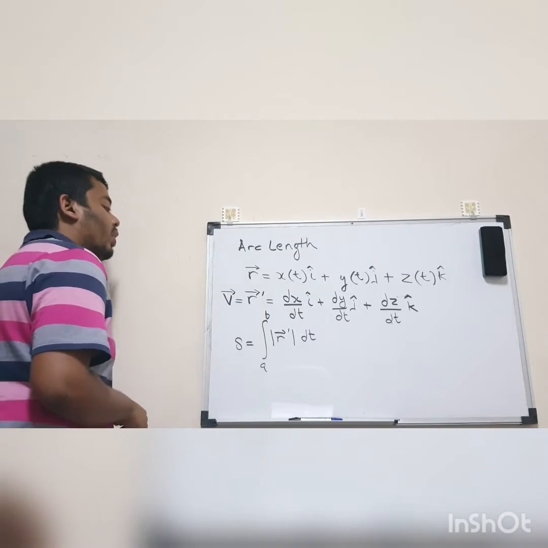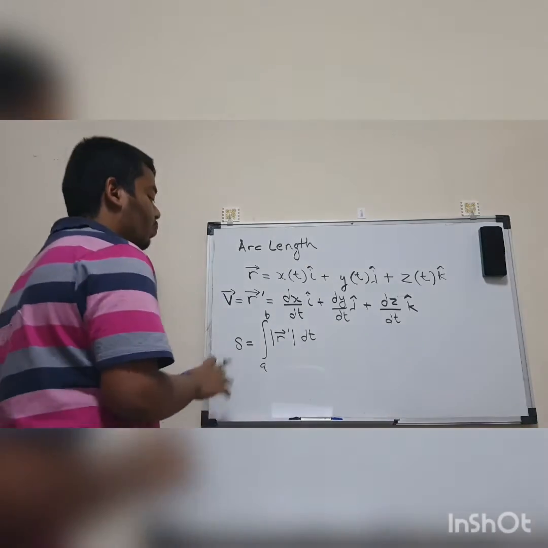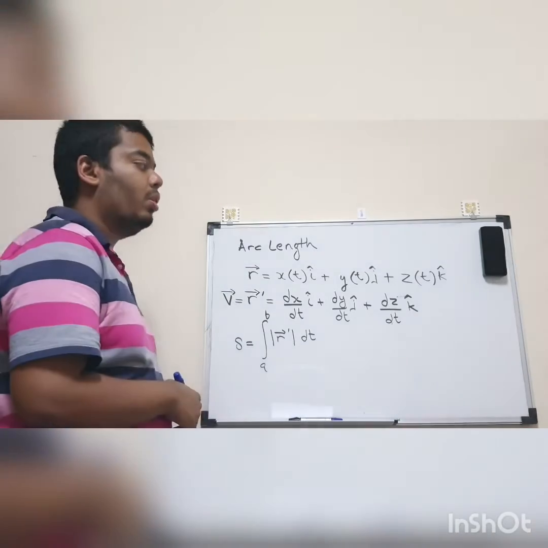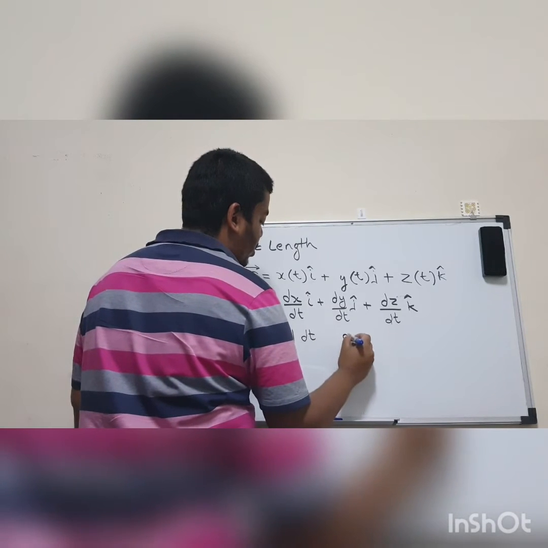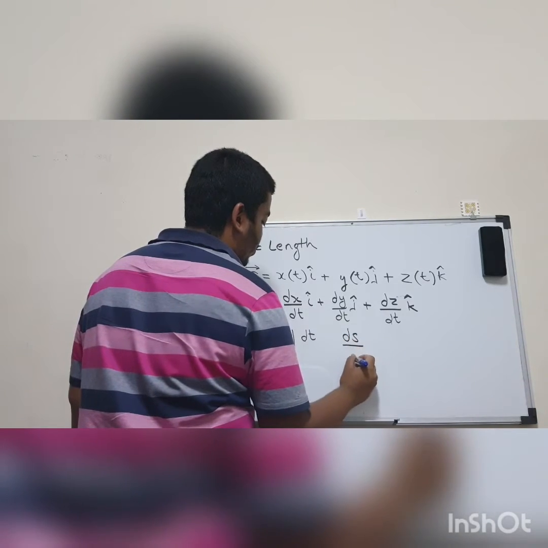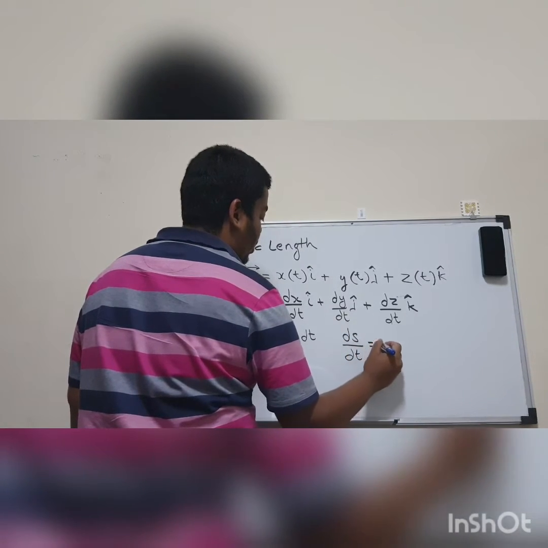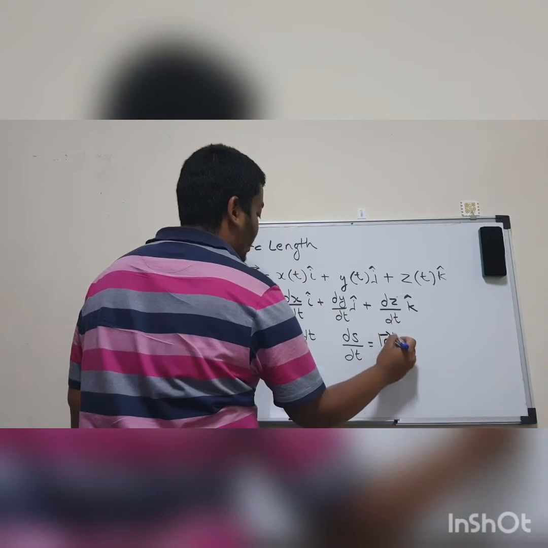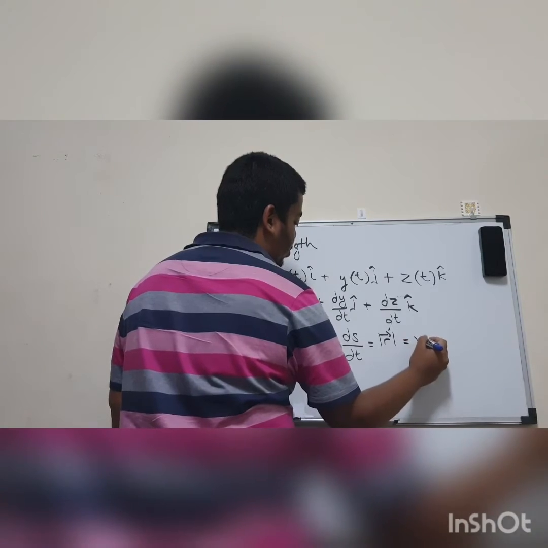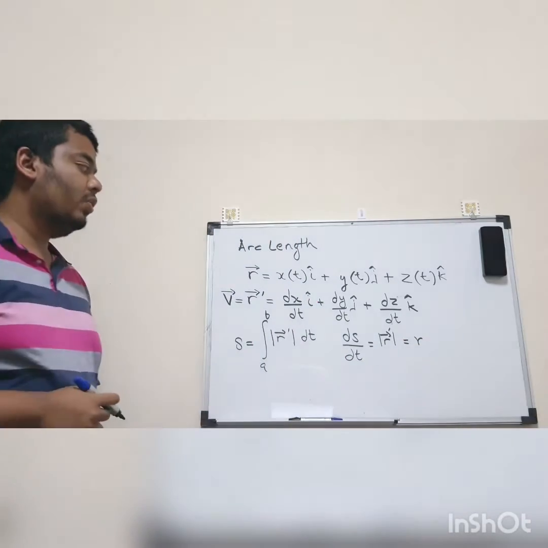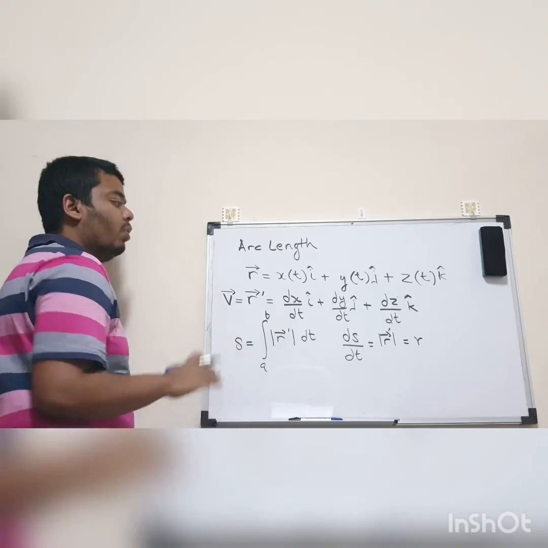From here we can find another very important formula. If we differentiate both sides, we get ds over dt equal to the magnitude of r prime, which is also equal to the magnitude of the velocity, the speed. So we have this formula with us.